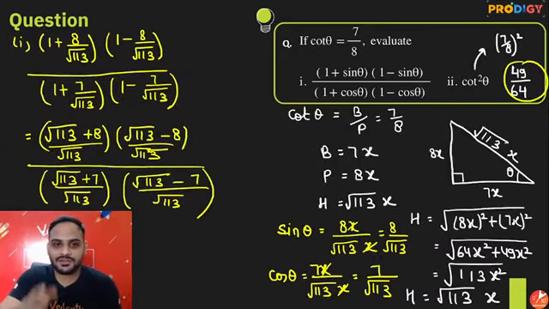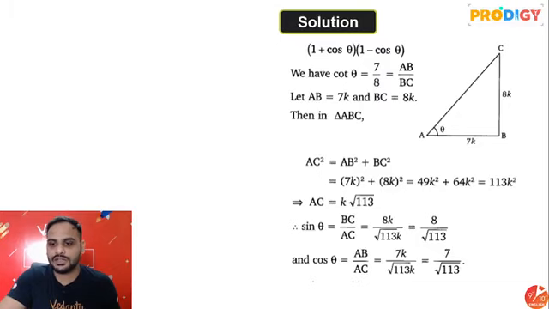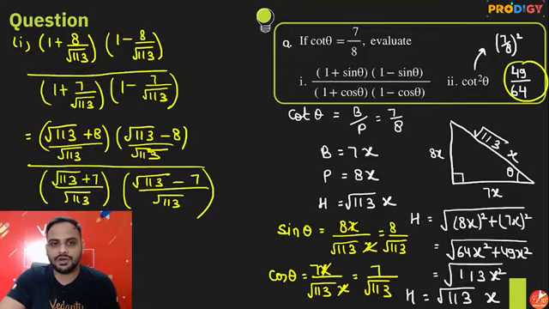So this is how you can solve it if any one of the trigonometric ratios is given. Now remember, if you know all the three sides of a triangle, you can write all the trigonometric ratios.